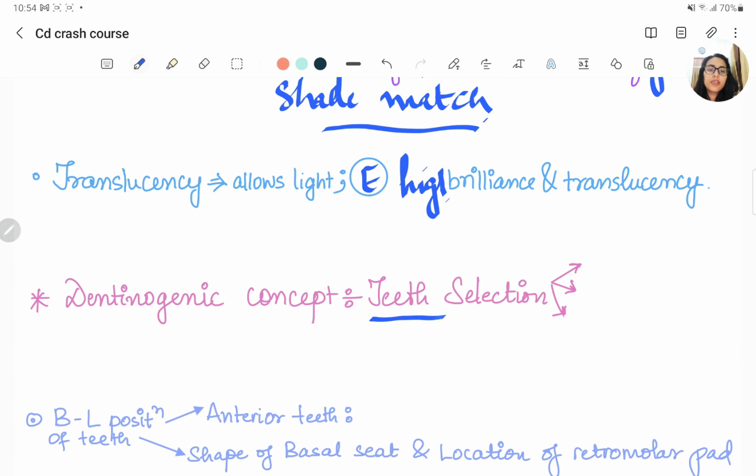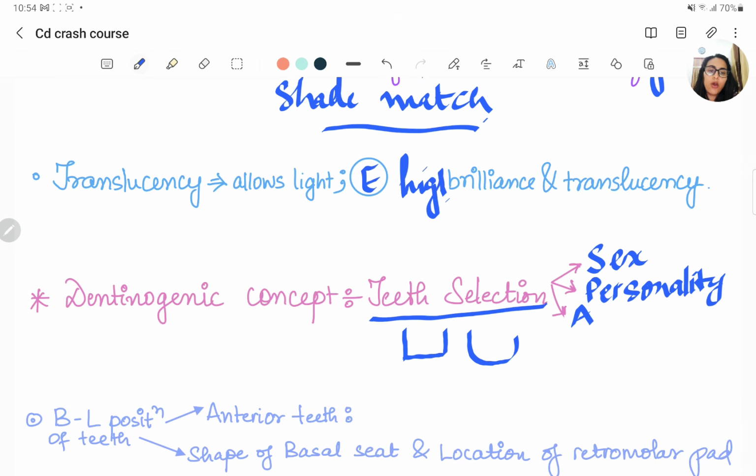Dentogenic concept is based on the selection of the teeth. We have the SPA factor: sex, personality and age. Based on the sex of the individual, we give the teeth. Suppose it is a male, it will have very sharp-edged teeth. If it is female, slightly round edges.